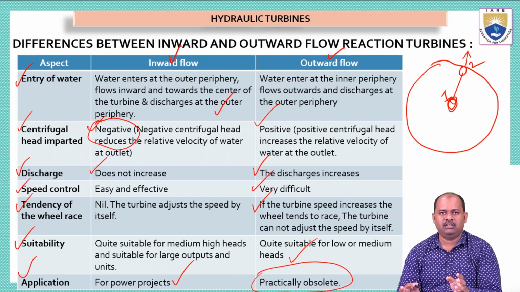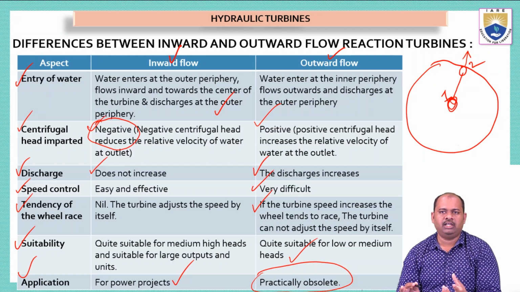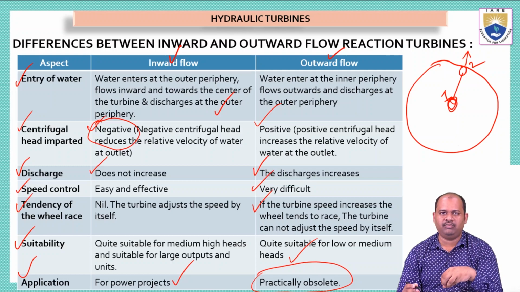Some scientist thought that in order to increase the efficiency of the inward flow reaction turbine, he would try different methods. One of those methods was flowing the water outwards, like the working of the outward flow reaction turbine. In this, he put the water at the center of the runner, where it enters the casing, and from there it comes out of the outer periphery of the wheel.